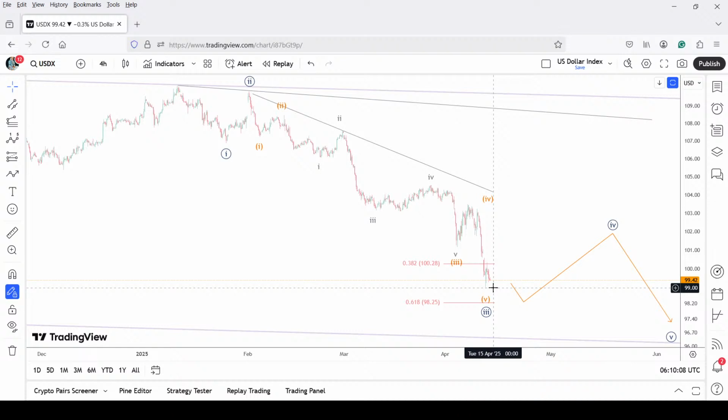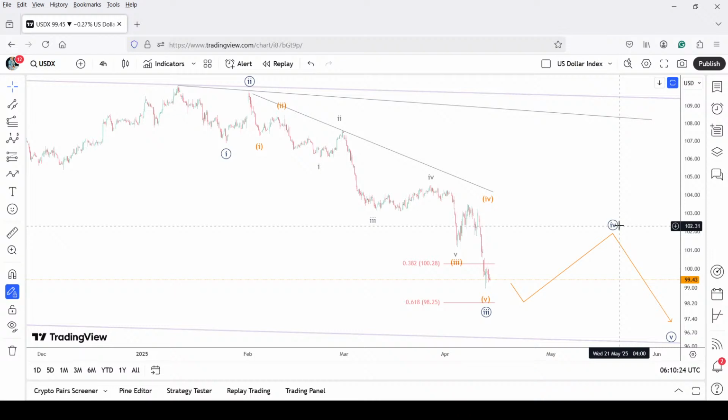So the bottom might be in place at around 99, and what we now see is a potential wave 4 of a minute degree, which should unfold going forward. Now, how soon it is going to unfold is anyone's guess, because wave 2 of the minute degree, just as we discussed in the euro, was quite sharp in the dollar index as well.